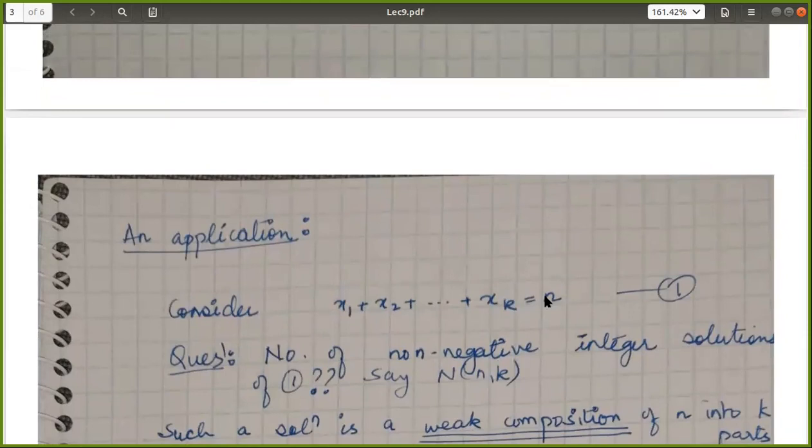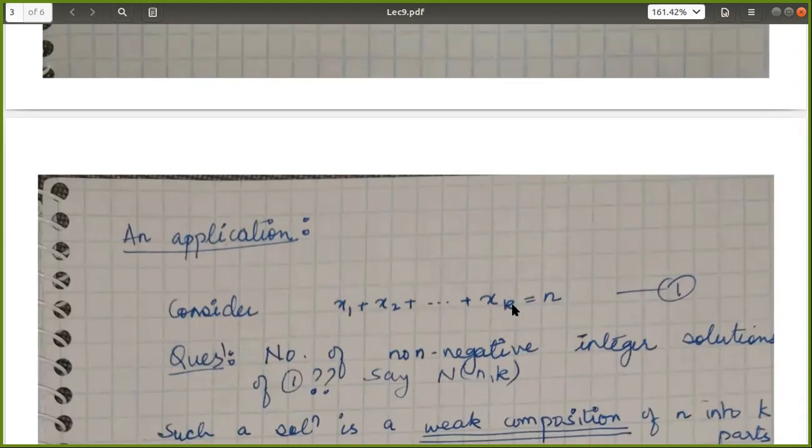But just as a precautionary measure, when we did the number of compositions, let's say k compositions, we were taking only positive integers. Here, I said non-negative integer solutions, which means I would be okay if x1, x2 up till xk minus 1 are all zeros and xk itself is n. So that is also a solution.